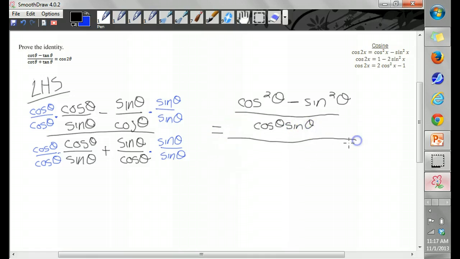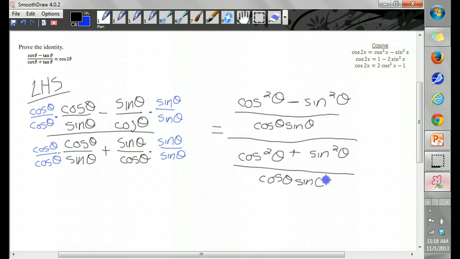And then in the denominator of this large fraction, I have something very similar. Cosine times cosine gives me cosine squared. This time there's addition between these two things. And sine times sine gives me sine squared. And again, the common denominator is cosine theta times sine theta.